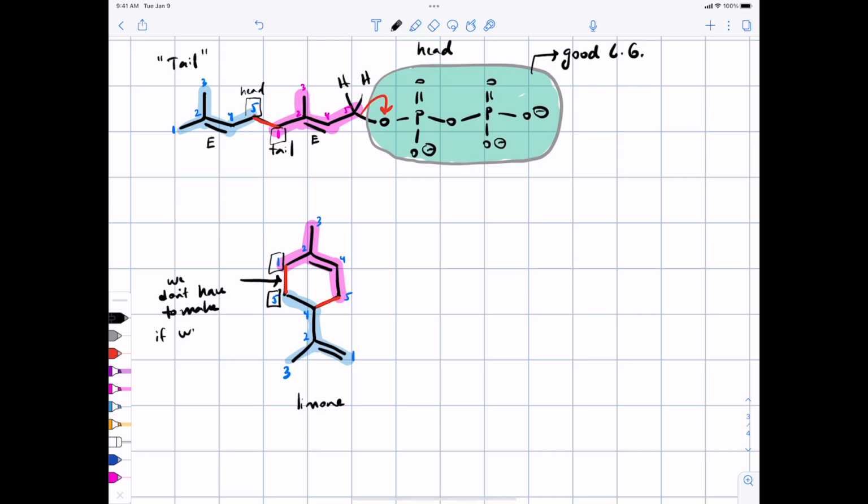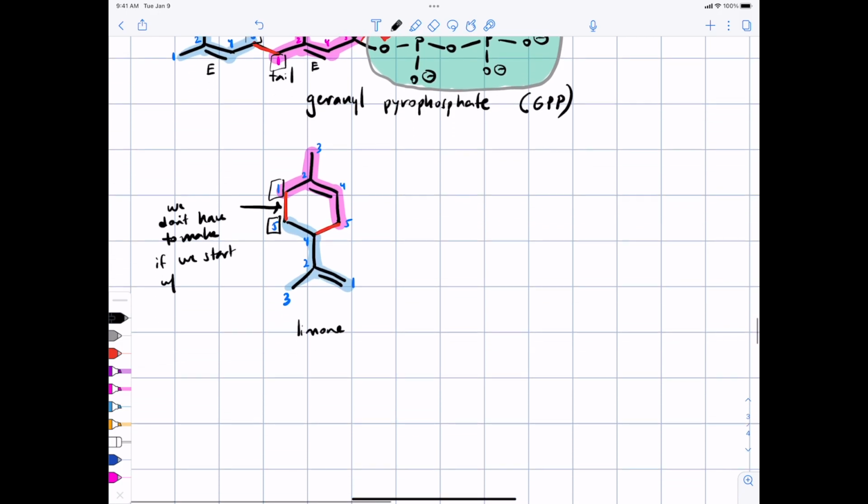If we start with geranyl pyrophosphate. By the way, your biochemistry texts and I think your OChem text are going to tire really quickly at writing out geranyl pyrophosphate, so they're going to abbreviate that.